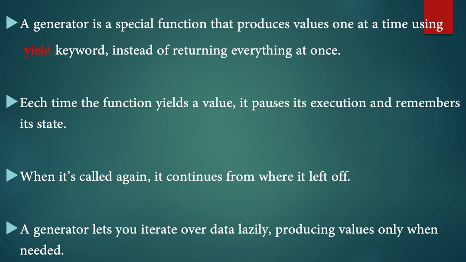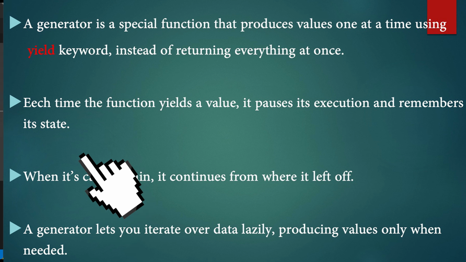This makes generators very efficient for working with large data or sequences because they don't load everything into memory at once. In simple terms, a generator lets you iterate over data lazily, producing values only when needed.